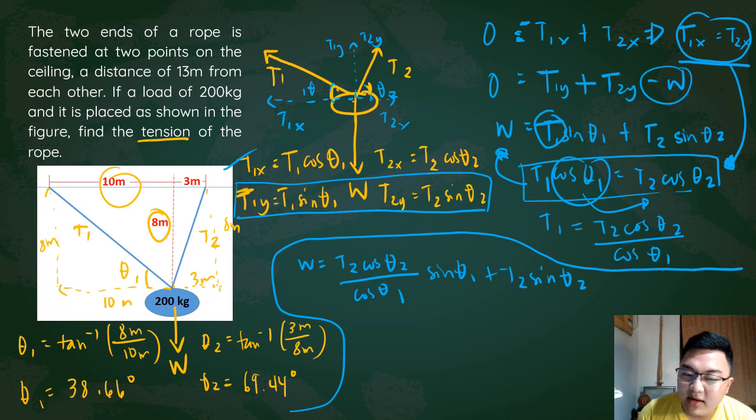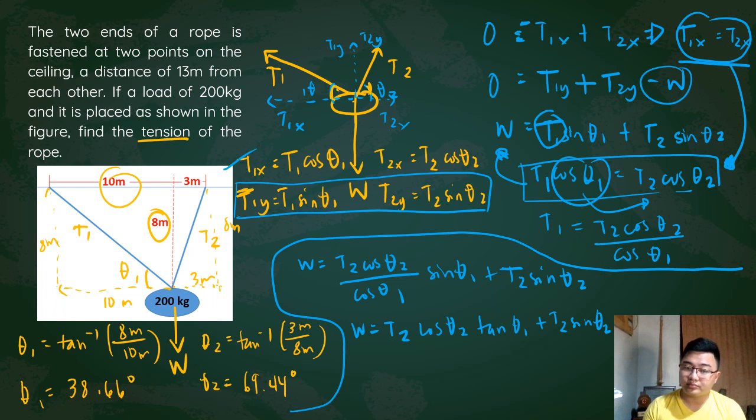Sine theta 1 divided by cosine theta 1, sine divided by cosine, that is tangent. Therefore, W is equal to T2 cosine theta 2 tangent theta 1 plus T2 sine theta 2.